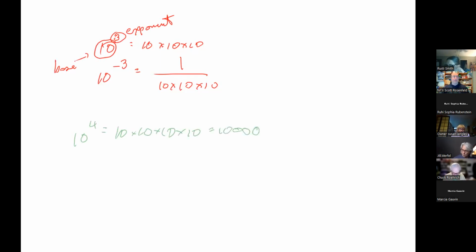Now, the inverse function of this is something called a logarithm. It's kind of like the opposite of doing an exponent. So this is basically to say, what is the log base 10 of 10,000, which is the number to which 10 has to be raised in order to get the value 10,000.